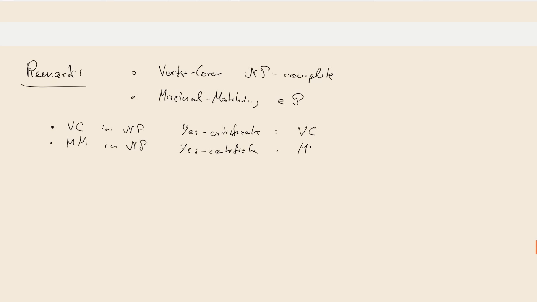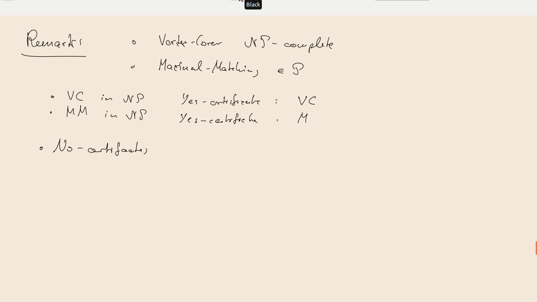That's trivial. How about no certificates? If we can show that there's also a no certificate, the problems would also be in co-NP, and that would give us some insight maybe why one is easier than the other.